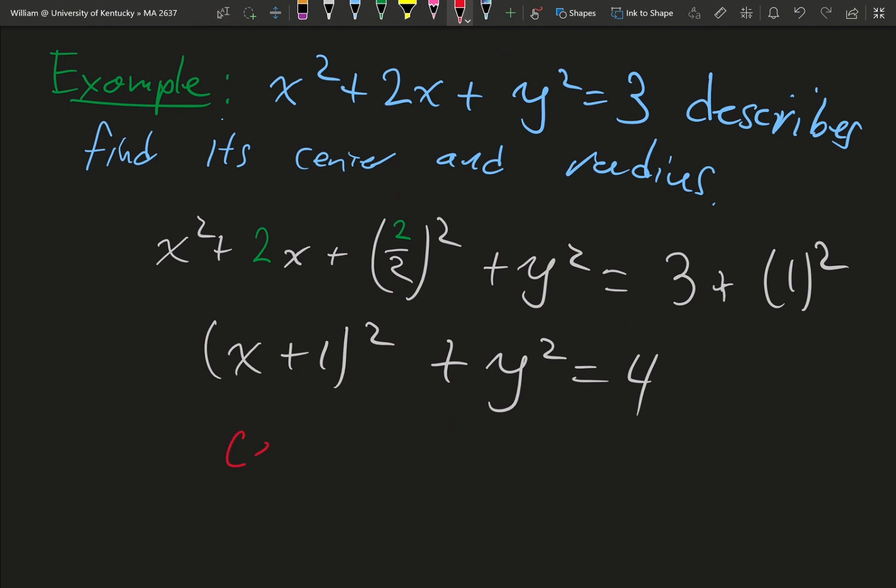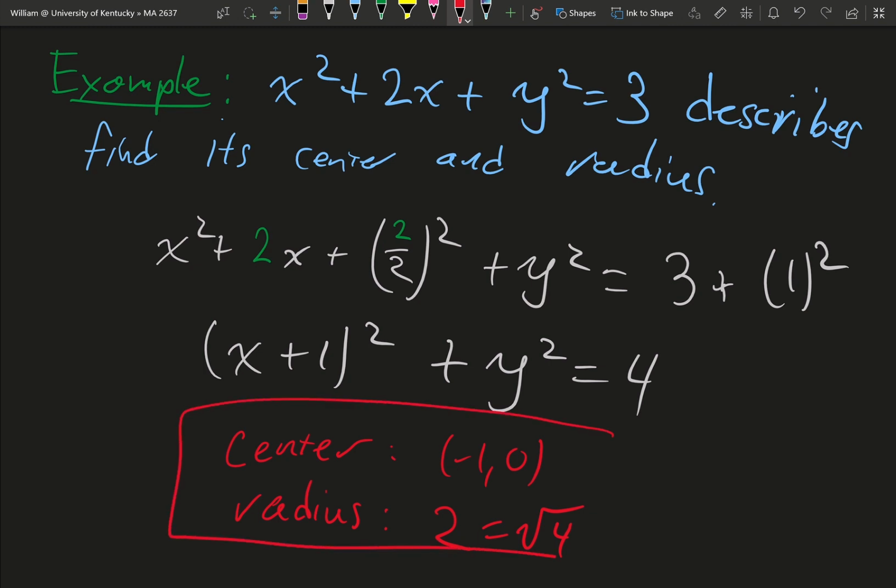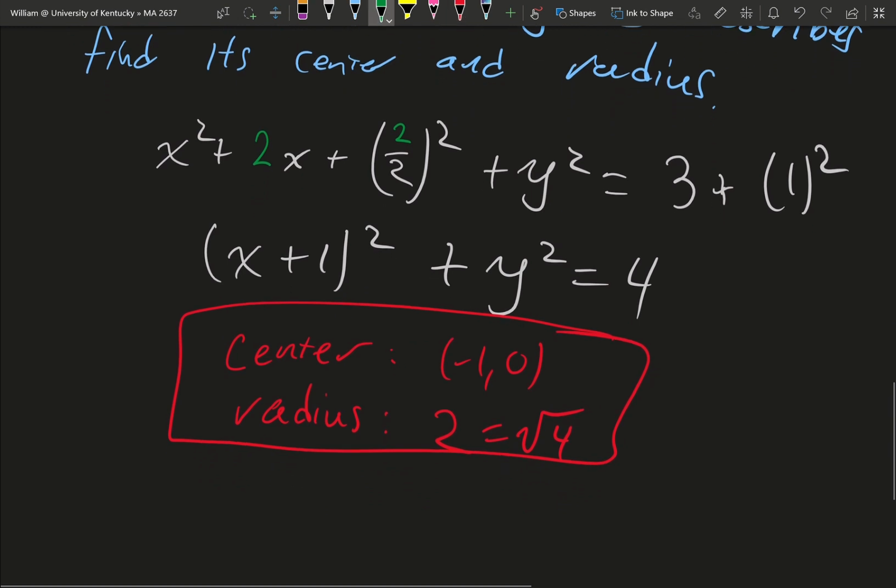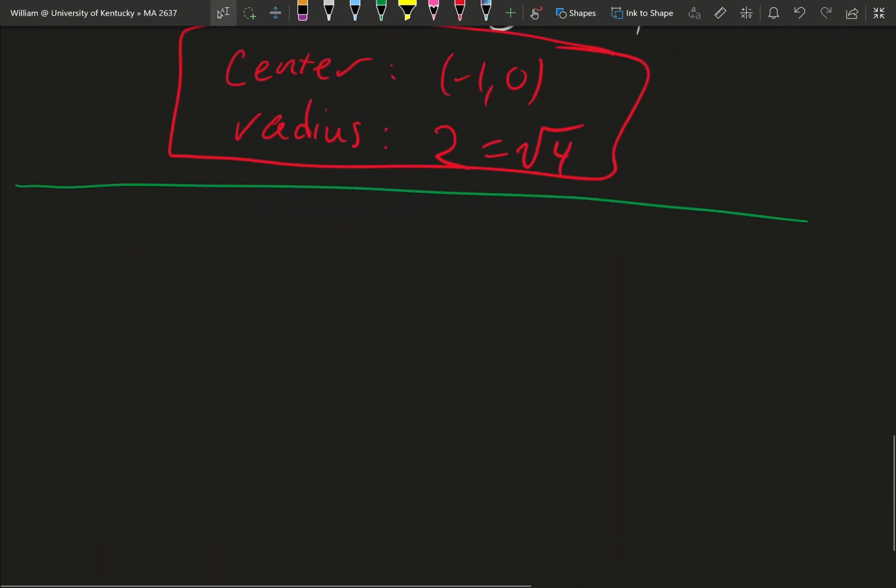So my center is going to be negative 1, 0, and my radius is going to be the square root of 4, which is 2. All right, so moving on.